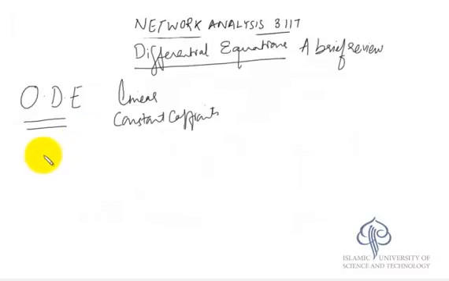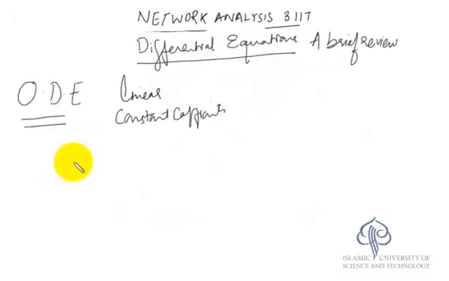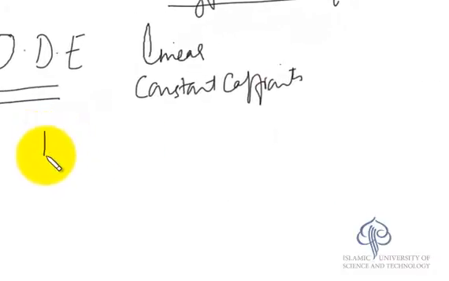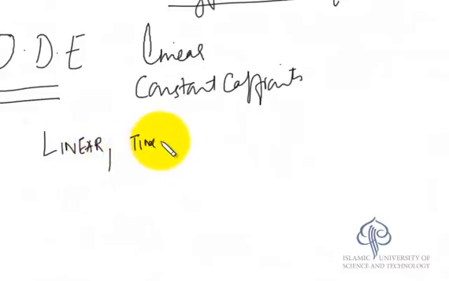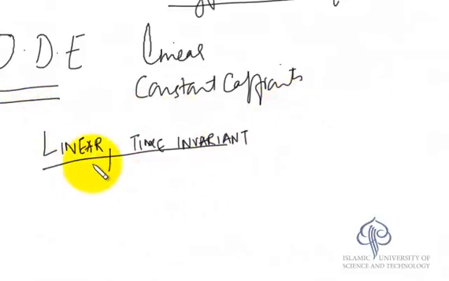So that is more a subject of some advanced study, but in this course we're talking about circuits which are linear, which are generally time invariant. So the governing equations are also linear, and their coefficients are constant. So we'll talk about these things in a little more detail.